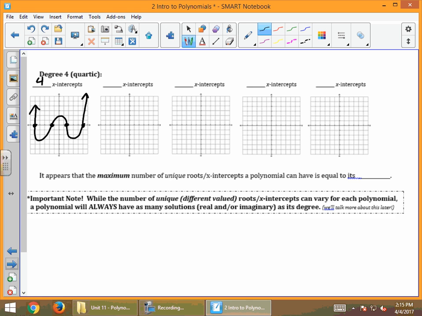What's a situation where we only have 3? Yeah, the middle curve touches the x-axis. So it comes up, touches the x-axis, curves, and then goes back up. There's 1, 2, 3 x-intercepts.